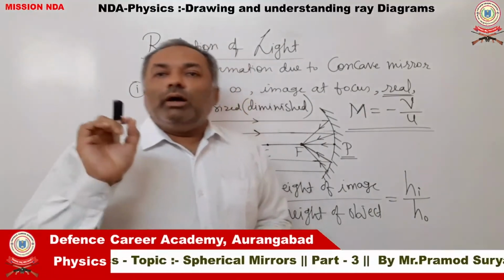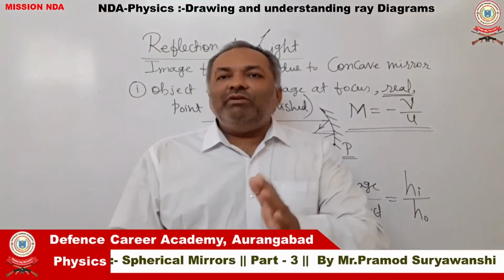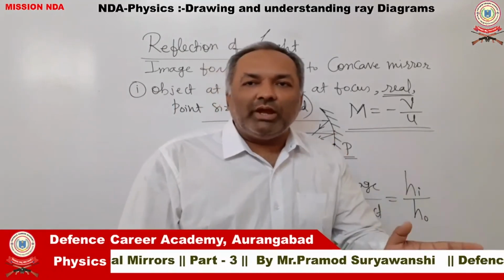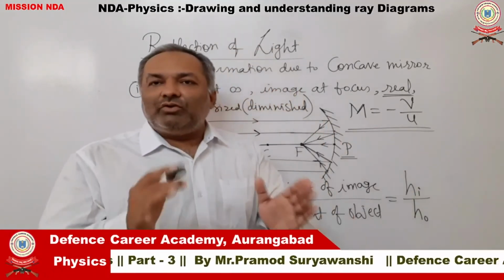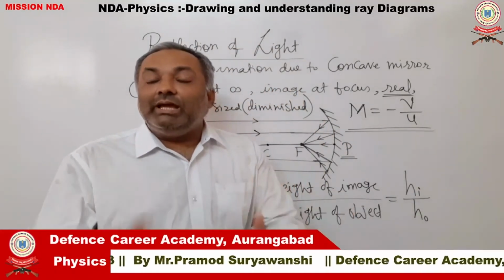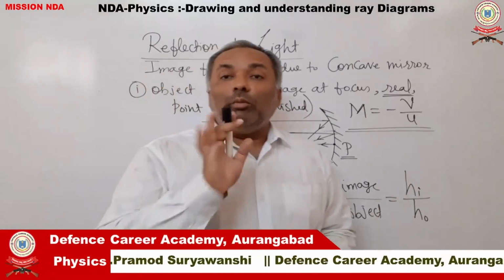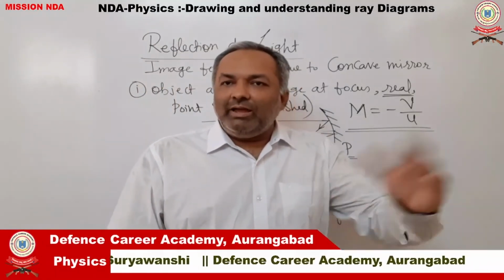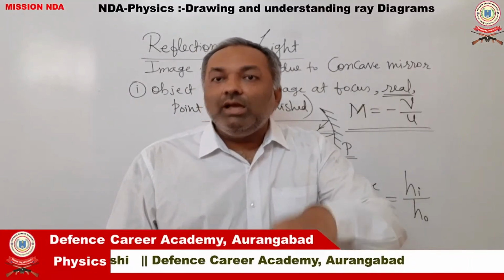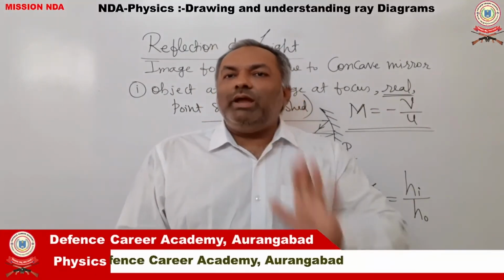So a real image is always inverted with respect to the object, and a virtual image is always erect with respect to the object. Vice versa, if the image is inverted, it has to be real, and if the image is erect, it has to be virtual.